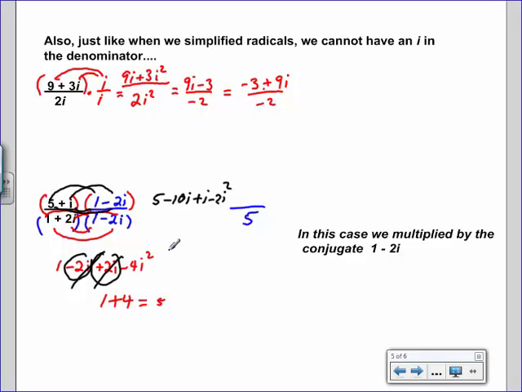And again, we have common terms here. And you know i squared is -1, so this becomes 5 minus 2 times -1, or 5 plus 2. So we have 7 plus 9i. Again, just like the concept of not having a radical on the bottom, you're not allowed to have an i term on the bottom.